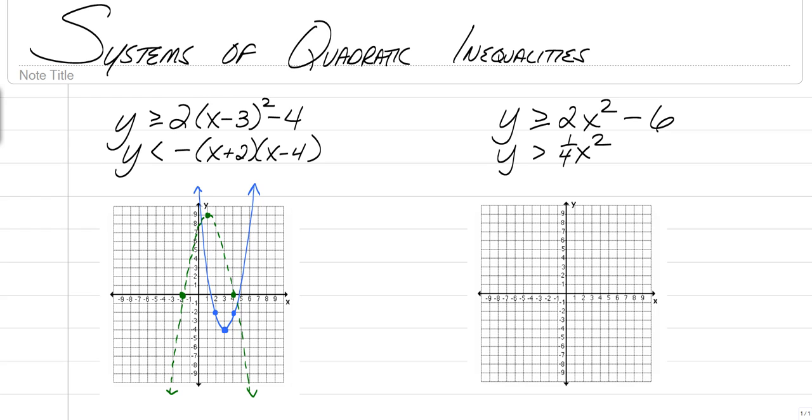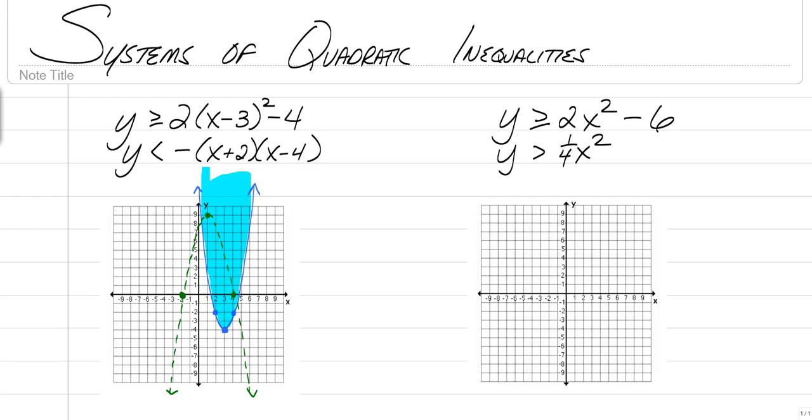When you shade, if y is greater than, you have to think about where y gets bigger, and it's above the line. So for the first parabola that we graphed, we would be shading above the line that created that parabola. So in this case, we would just pretty much be shading inside of that parabola.